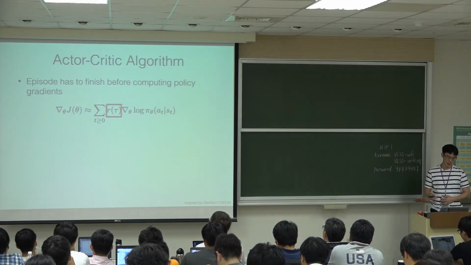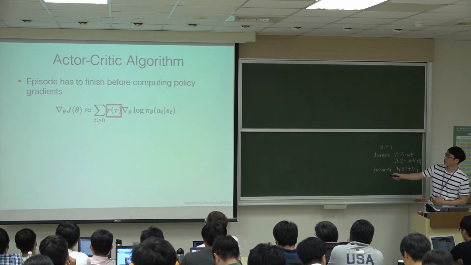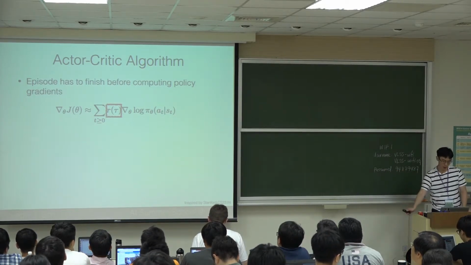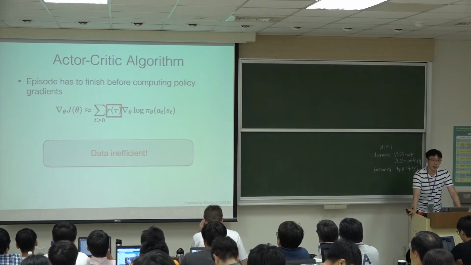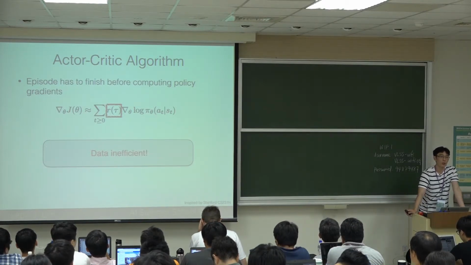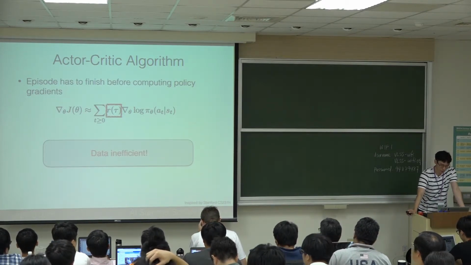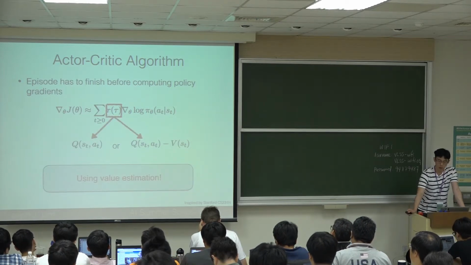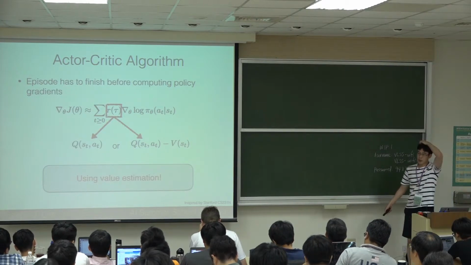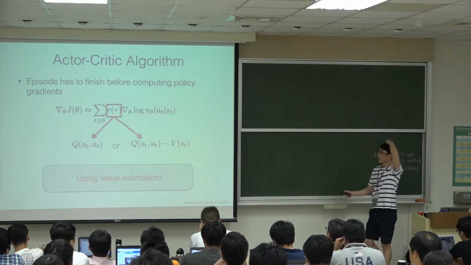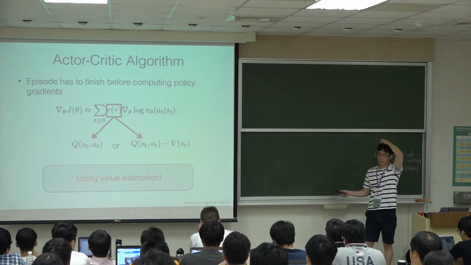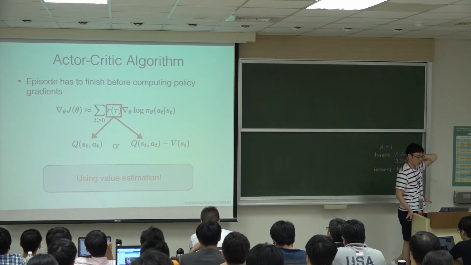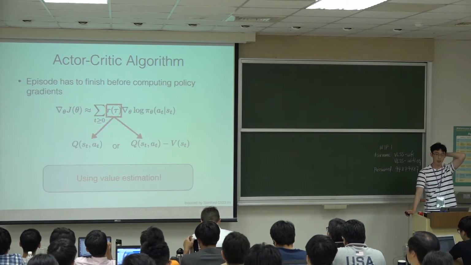That's a way to compute this equation, but data can be inefficient many times, because it's really hard to keep running forever. But as I mentioned earlier, you can use this value function to estimate this reward.